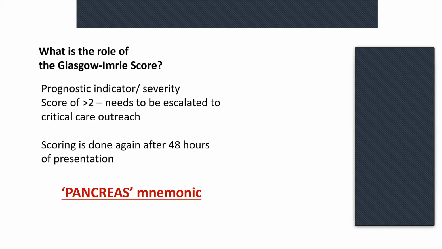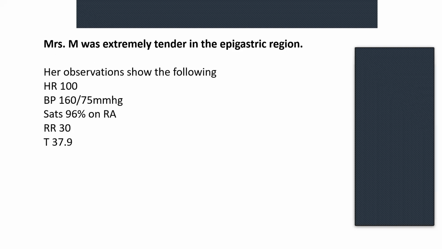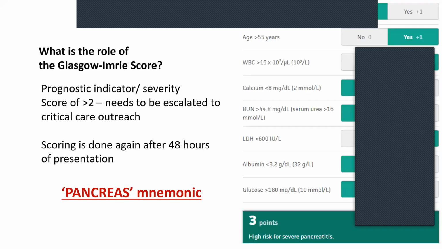In terms of these observations, your first thought is, could this patient have acute pancreatitis? If we're thinking about acute pancreatitis, you use the Glasgow-Imrie score, which is a prognostic indicator of how severe a patient's pancreatitis is.